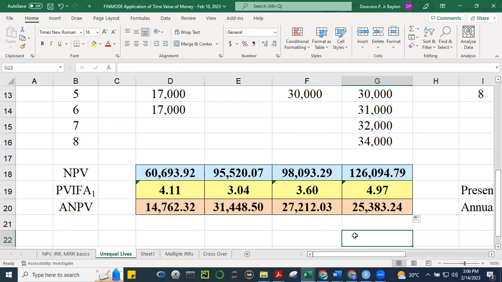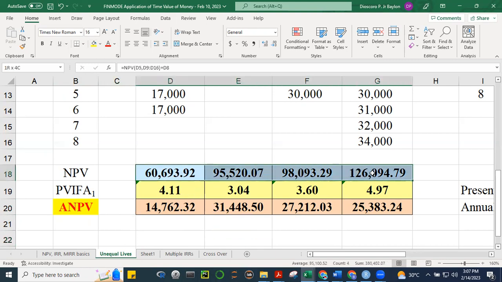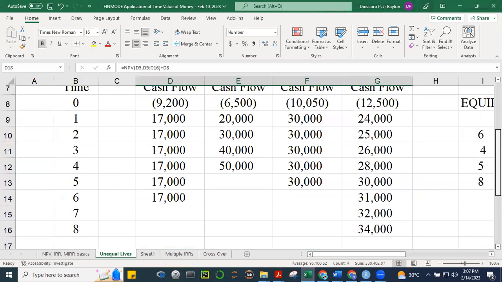So based on the annualized net present value, which is this one, what now turns out to be the better alternative? It turns out that project B is the better alternative by virtue of having the higher annualized net present value. So it's wrong to compare these net present values, because all of them have different time frames.